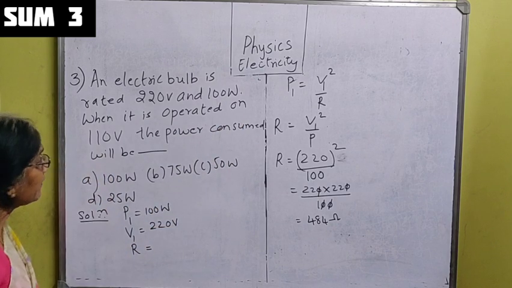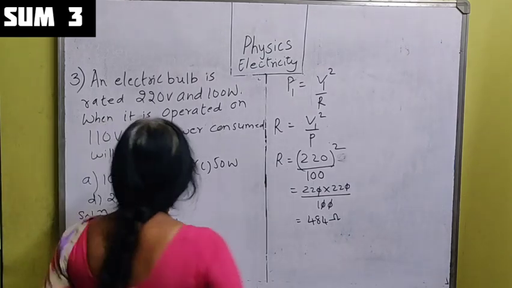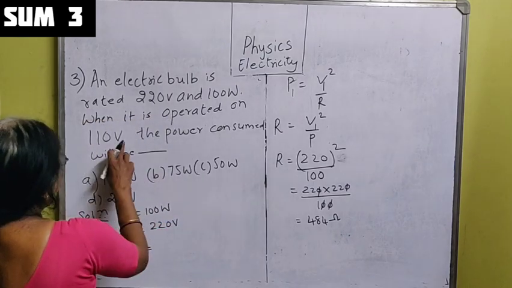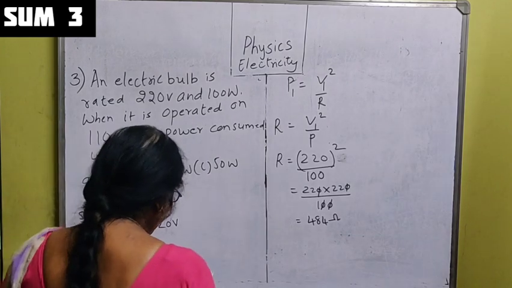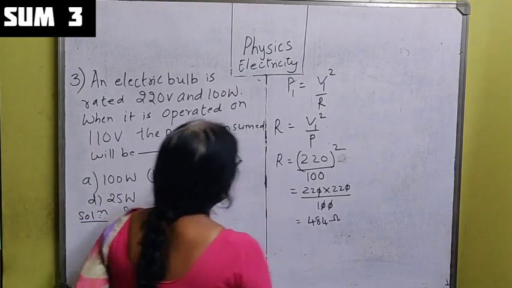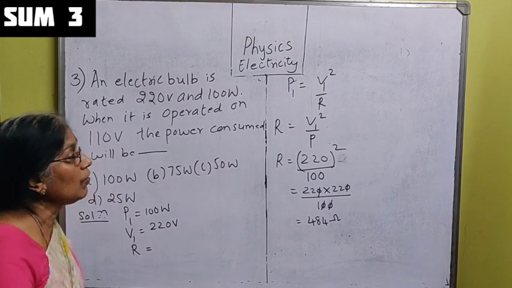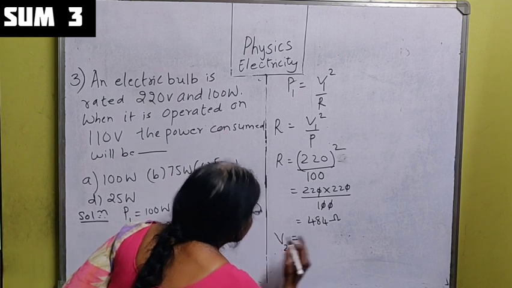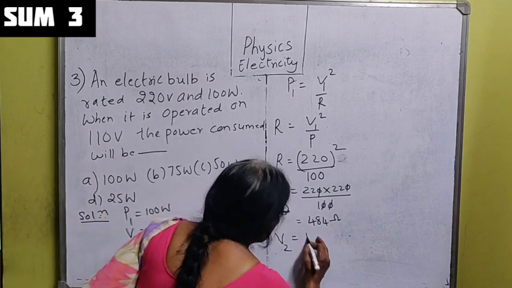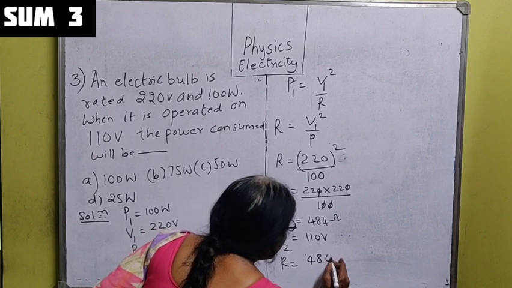So what is given in the second one? The voltage given is 110 volt. So P2 will be equal to V2 square by R. R we got, V2 we have. V2 is 110, R is equal to 484.